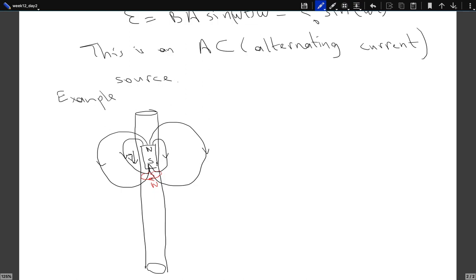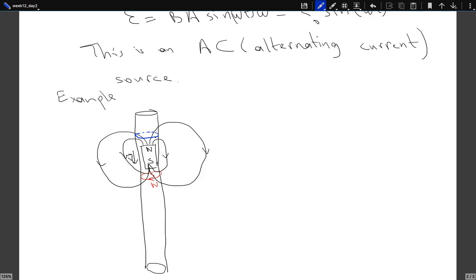Well, let's look at the loop at the top of that magnet. Let's look at this ring, this loop at the top. What will be the direction of the induced current over there? Well, let's see. The magnetic field line is more or less pointing upward.